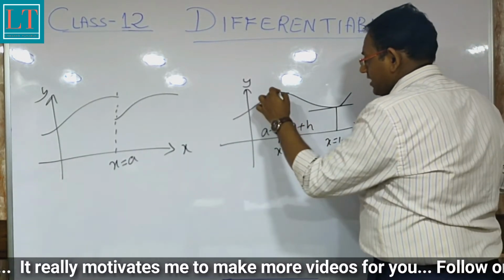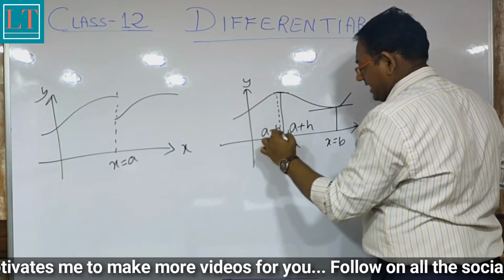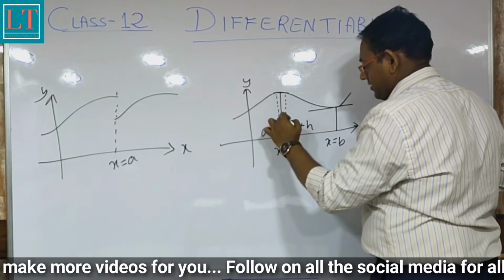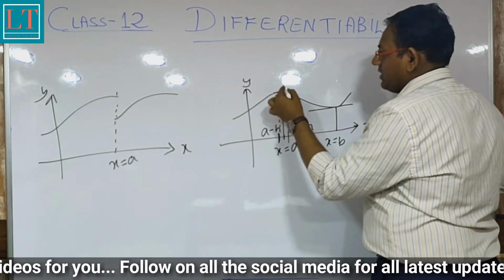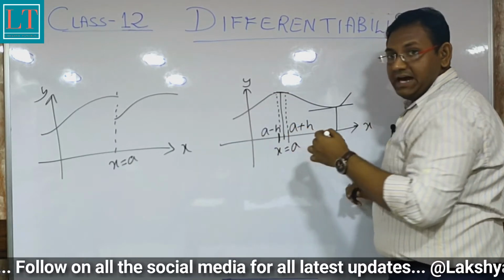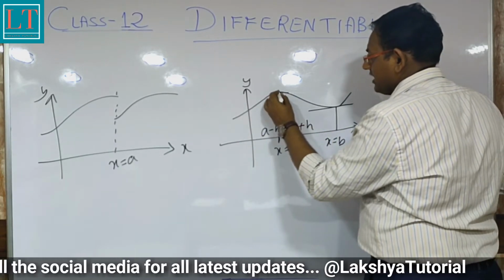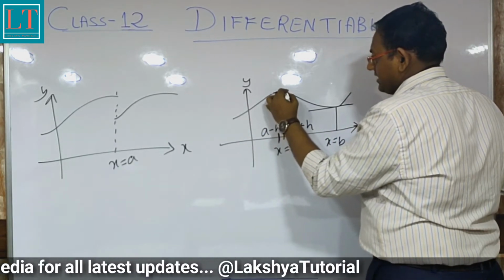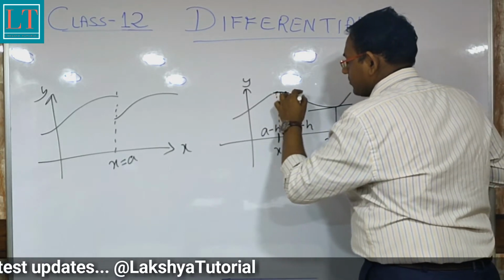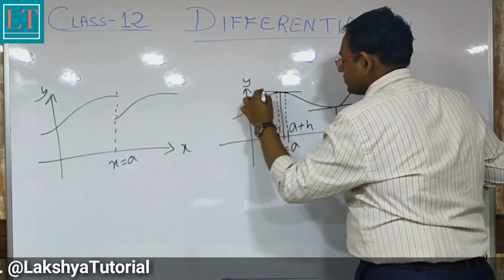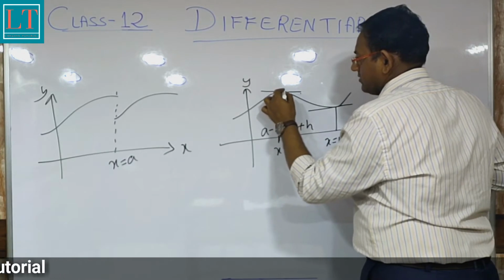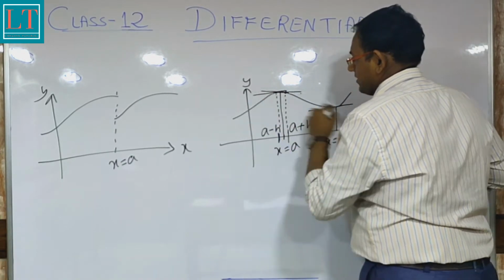Now we will try to draw the tangent at these points. Suppose the tangent is this one, and over here also the tangent is this one.